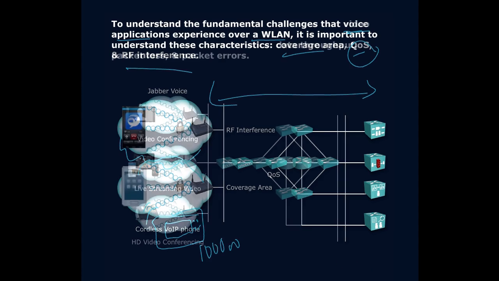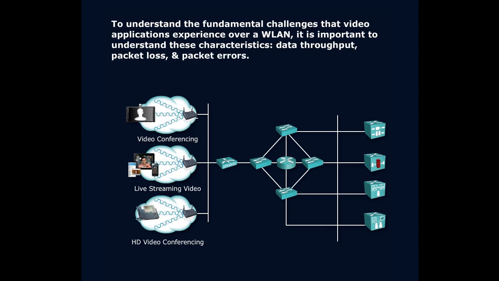Now let's talk for a moment about video applications over our wireless LAN. If we're going to be supporting video applications over our wireless LAN, like video conferencing, live streaming, and HD video conferencing, it is important to understand the characteristics of data throughput, packet loss, and packet errors. Data throughput has grown vastly.